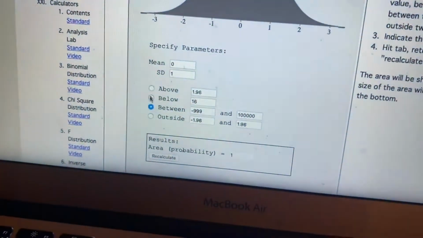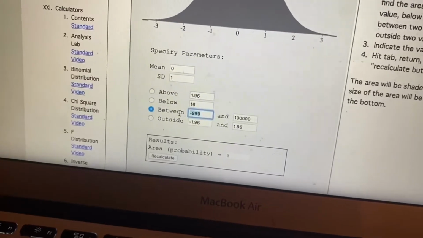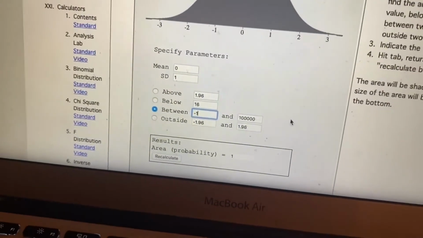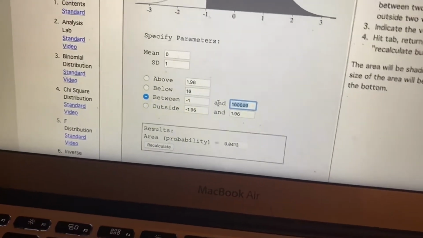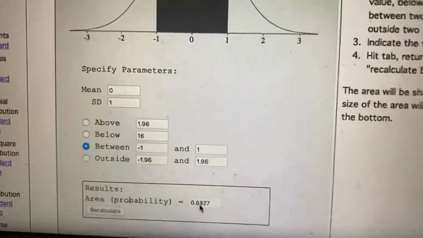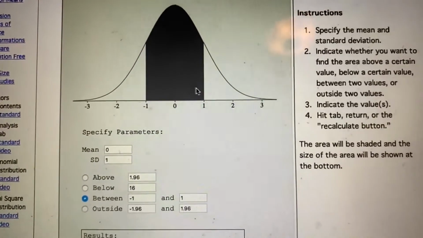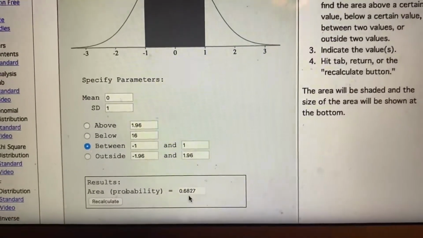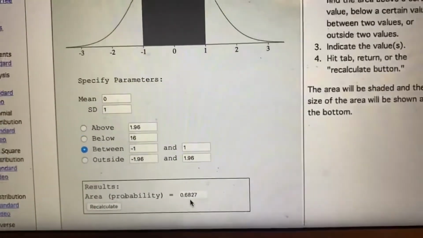If I standardize this and say between +1 and -1 standard deviation, I calculate this, and notice it's a number close to 68, the area under the curve. That's not the inner quartile, the inner 50%.